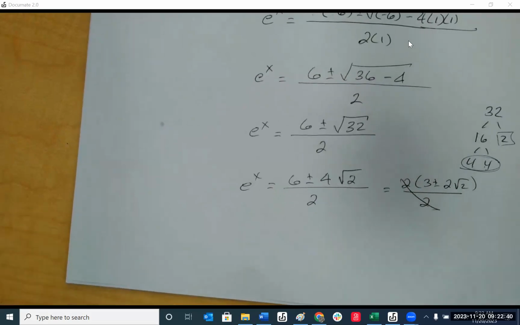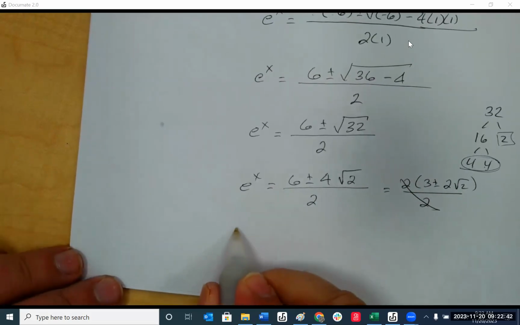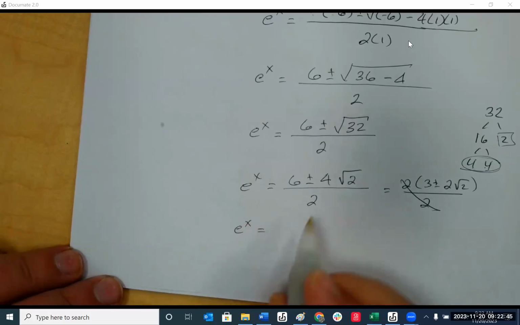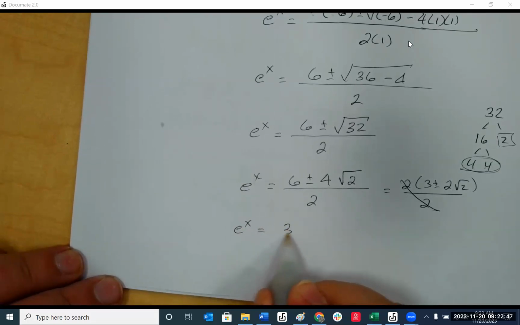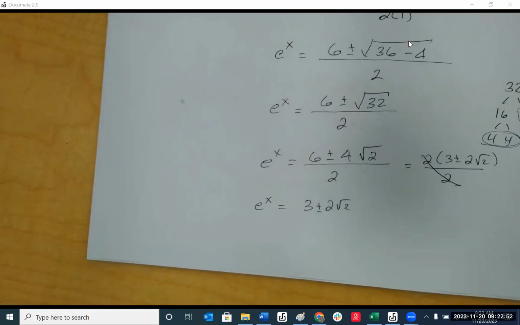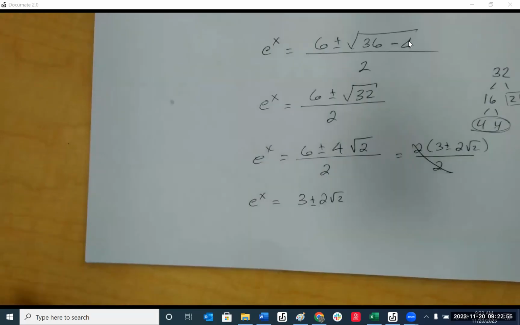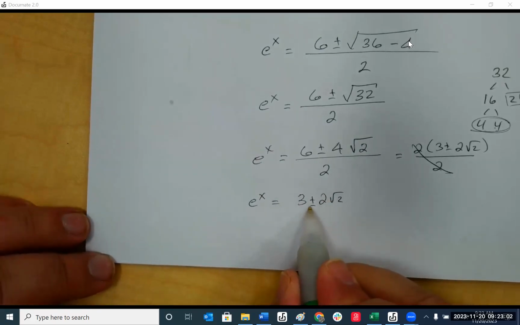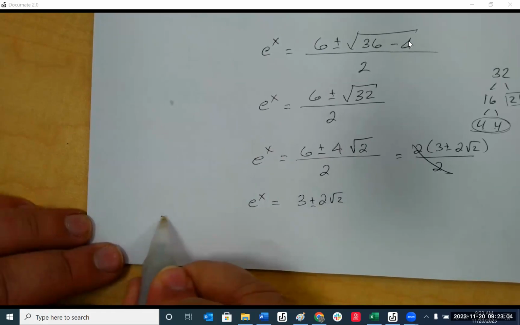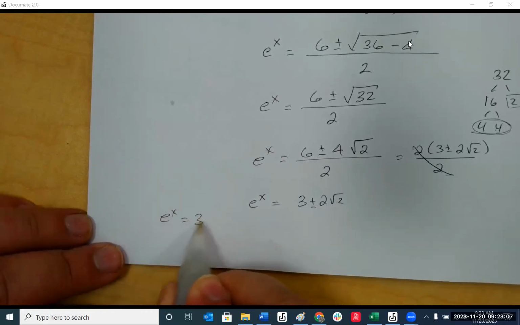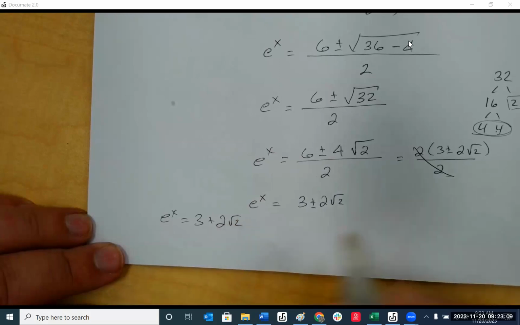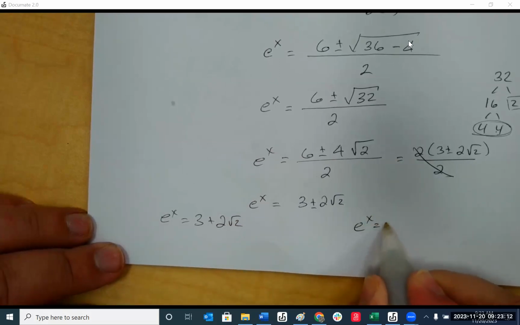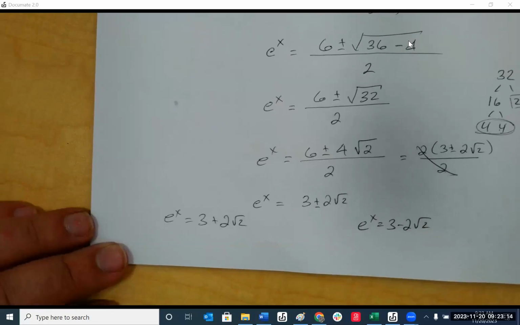And those cancel. All right. We have 2 answers here. We have e to the x equals 3 plus 2 radical 2. We have e to the x equals 3 minus 2 radical 2.